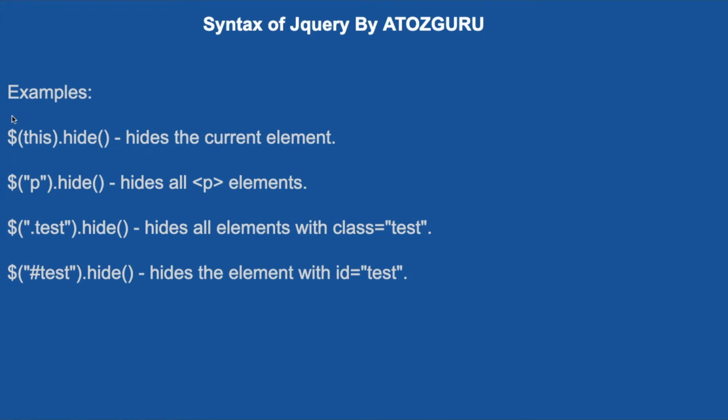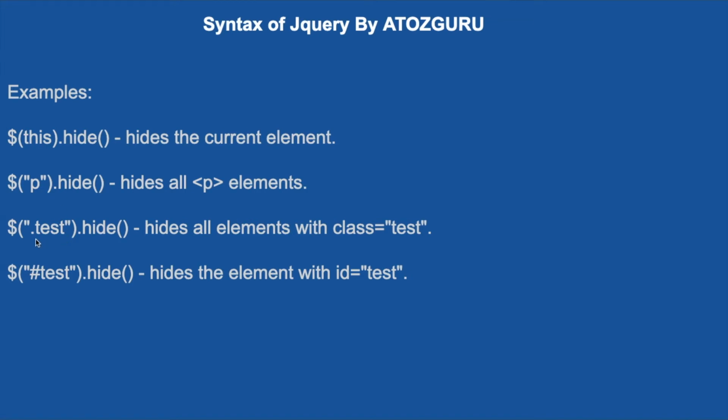This method is showing that. Likewise here, p dot hide is a method of jQuery and p is a paragraph, so it will hide all paragraphs which we are using in a particular page.